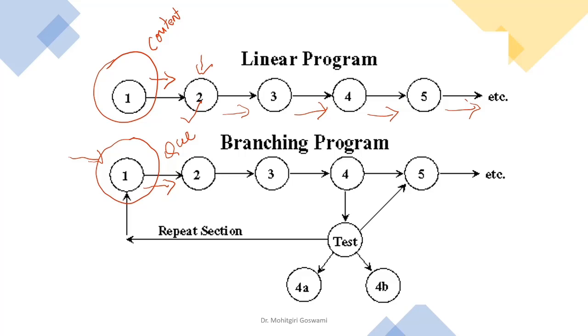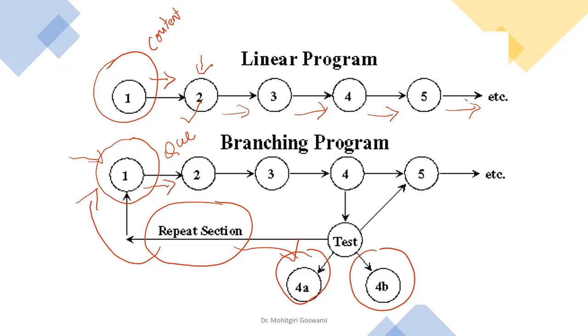But if his answer is false, then he will either be directed to the first frame or he will be redirected to the subframes of the unit to correct his answer. And after correcting his mistake, he will again be redirected to the main line. So this is the main difference between linear program and branching program.